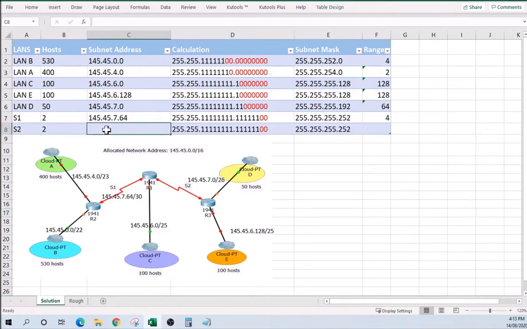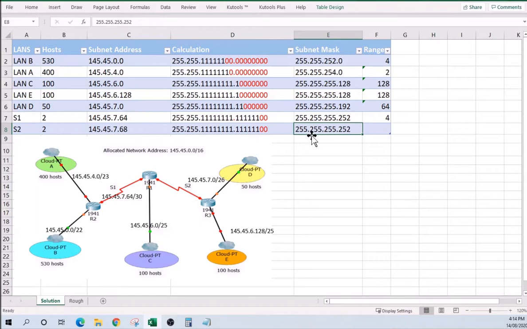That means the base address for serial 2 would be 145.45.7.68. It is going to accommodate a maximum of 2 hosts. That means I will need a maximum of 2 IP addresses. So I'm going to take 2 bits from the 4th octet.